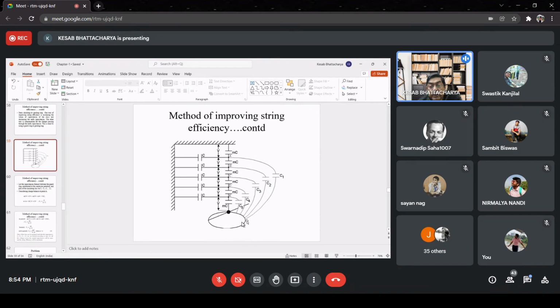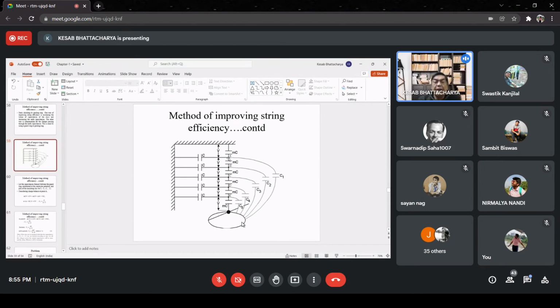And the grading ring is maintained at live potential. So, some charges will be flowing through this capacitance to this node A. And the magnitude of that charge can be found out as equal to, if we assume that n number of disks are there, then the total voltage is n into V.